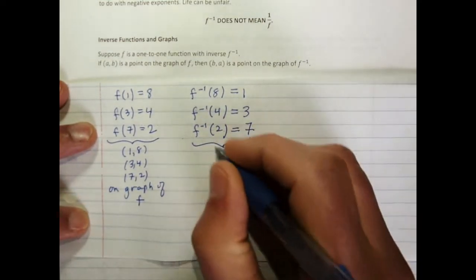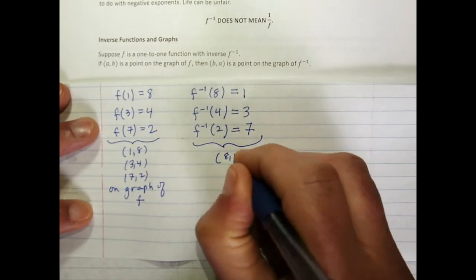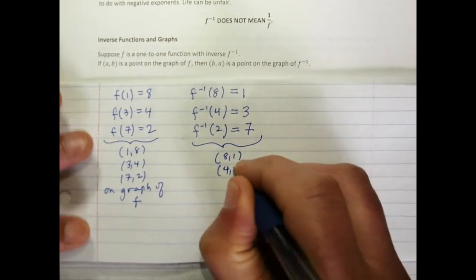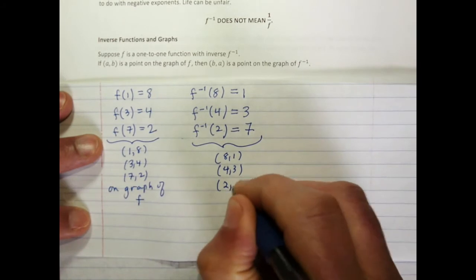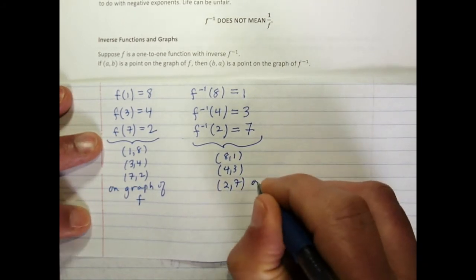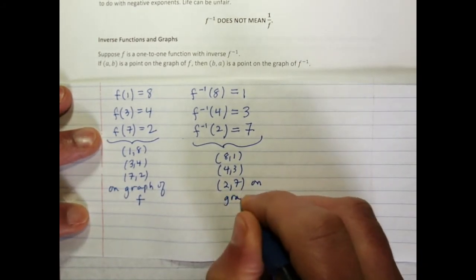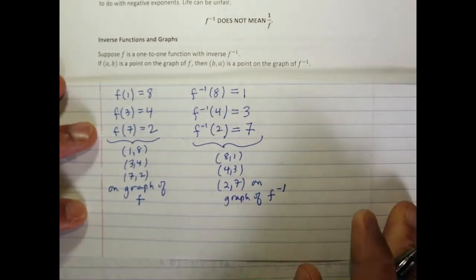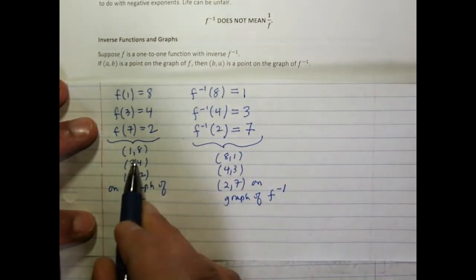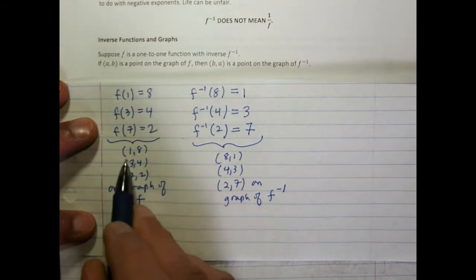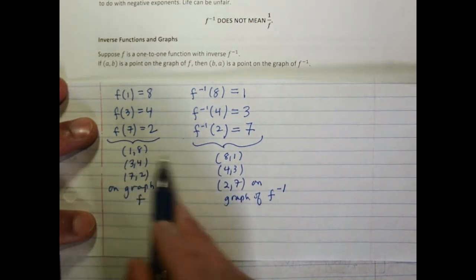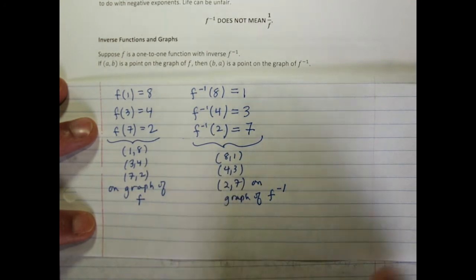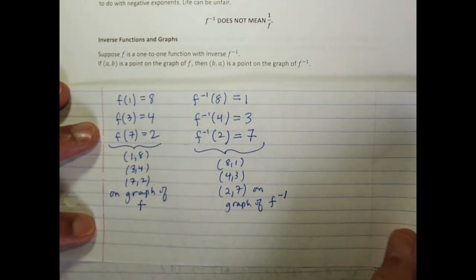These statements about f inverse are saying (8, 1), (4, 3), (2, 7) are points on the graph of f inverse. So if you take points on the graph of f and turn the coordinates around, you get points on the graph of the inverse function.